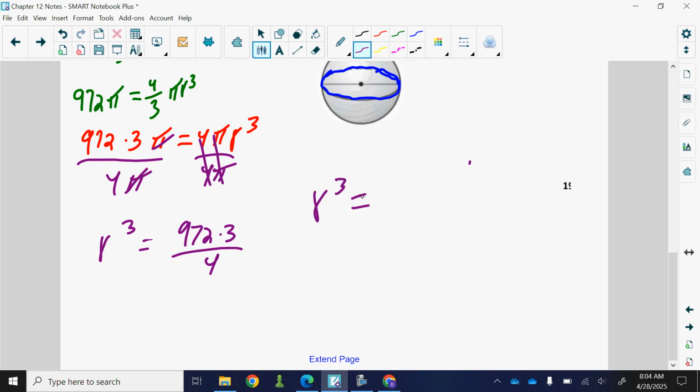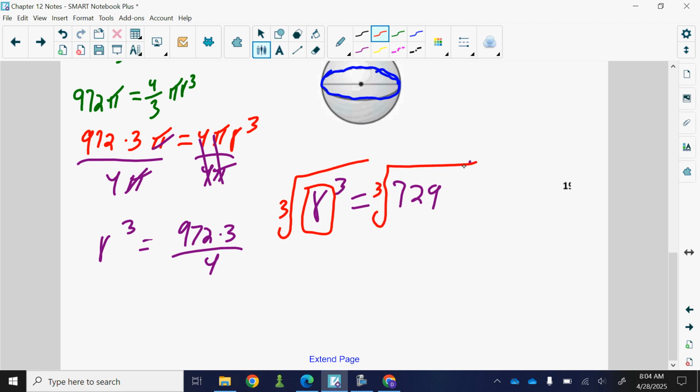Okay, so in your calculator, again, you can just do 972 times 3, and then divide that by 4, and that gives you 729. So to solve for r, again, we're trying to isolate r, we will cube root both sides, which you can do in your calculator.